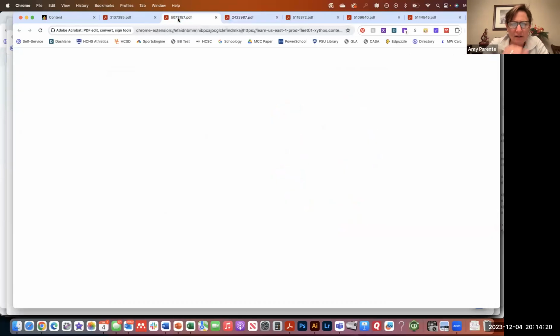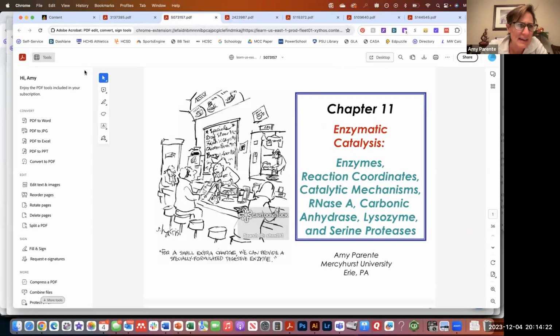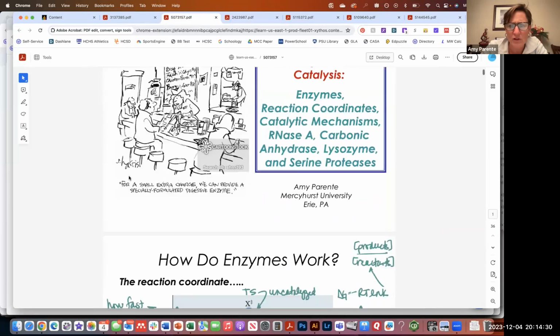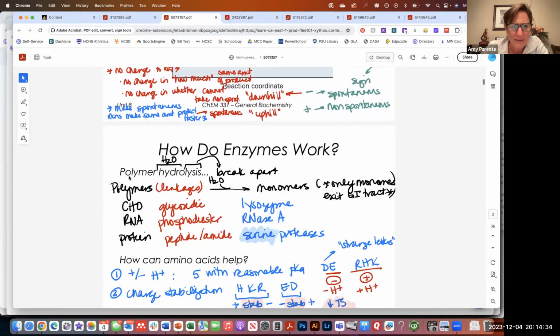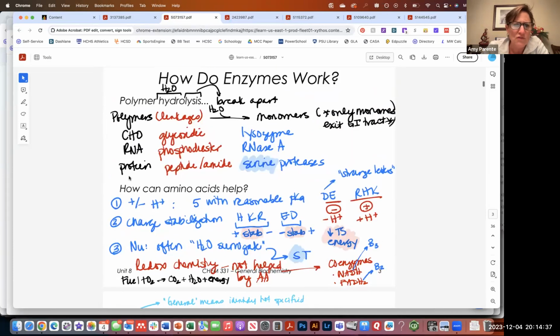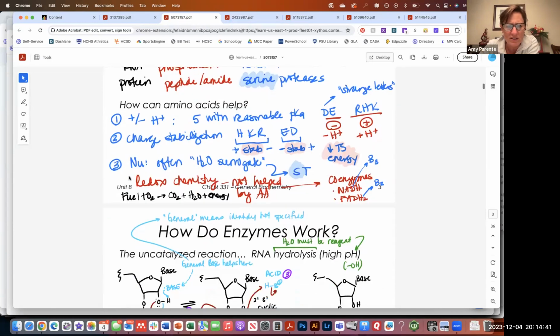Let me go back to the slides and see if there's anything I want to go through. I'll flip through these slowly too, or if there was a slide where you're like, hey, I don't remember that part really well, can you go through that again? So there's the reaction coordinate. We talked about that. Kind of an overview of polymer hydrolysis for the enzymes that we've studied.